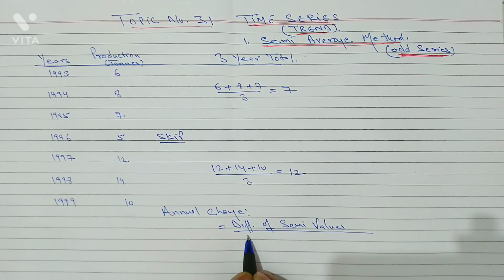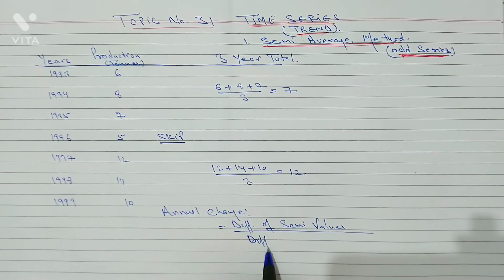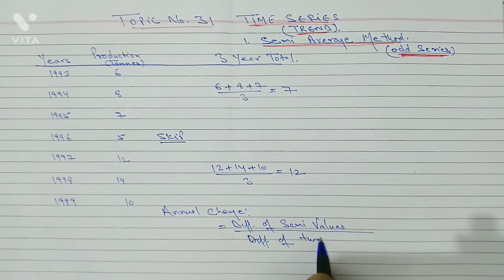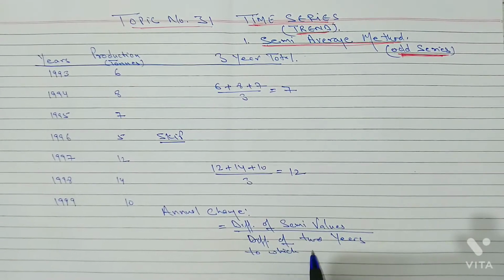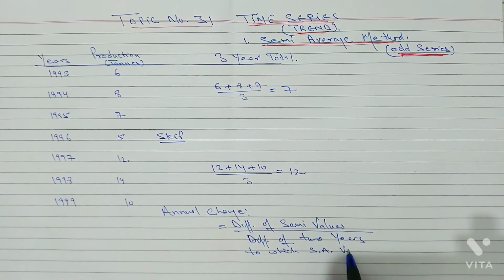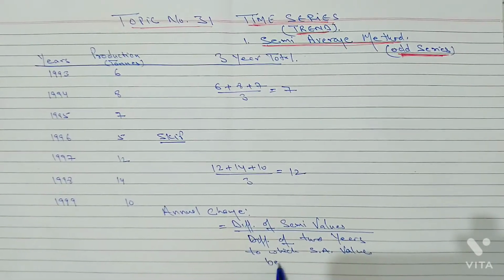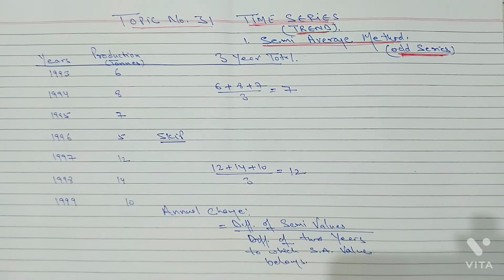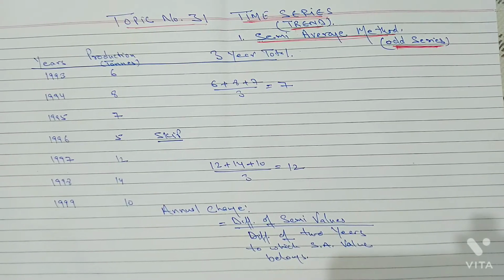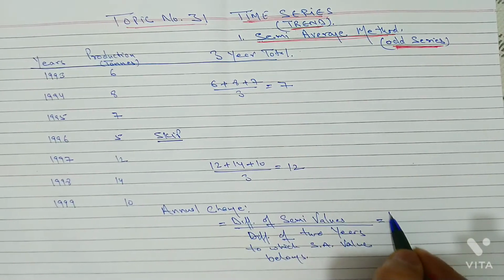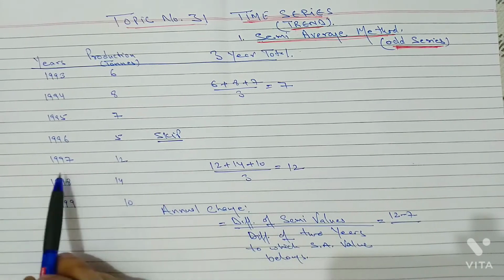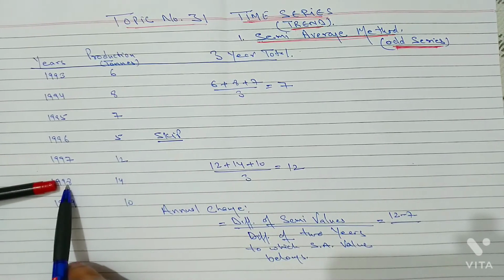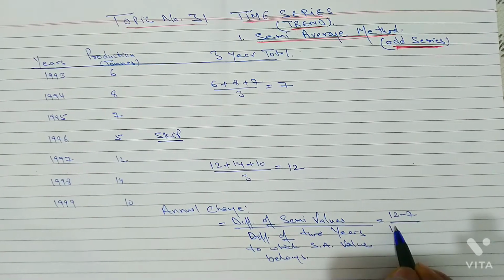Therefore, we get the difference of semi values, 12 minus 7, divided by 1998 minus 1994.